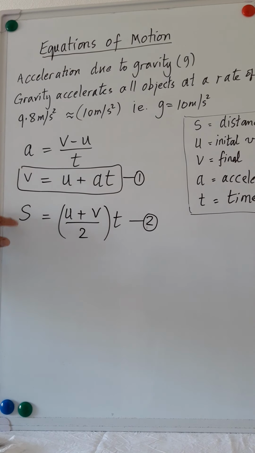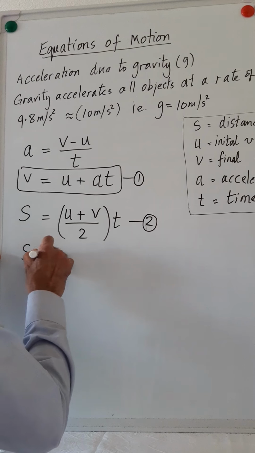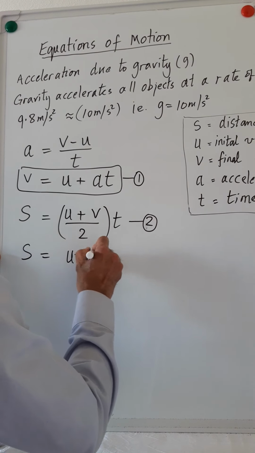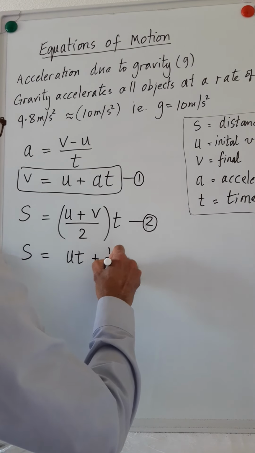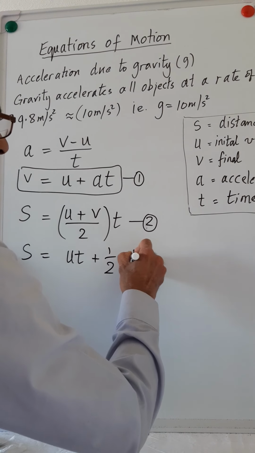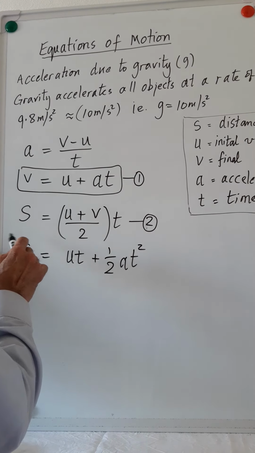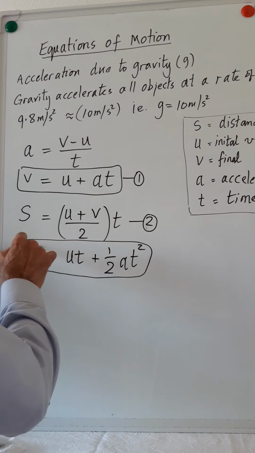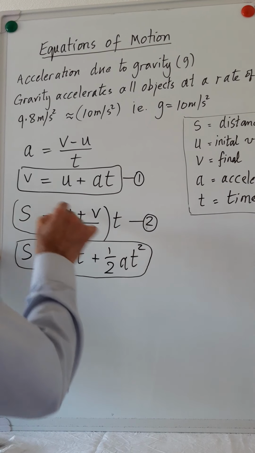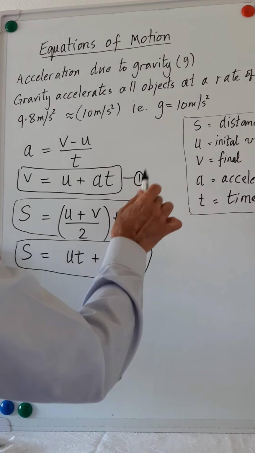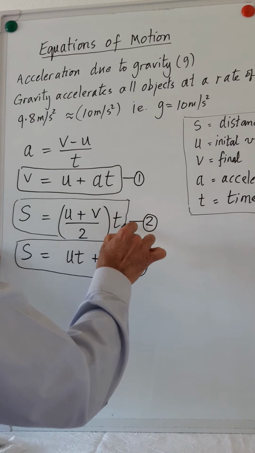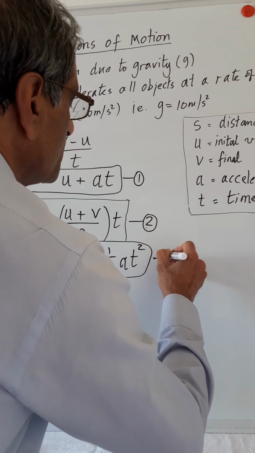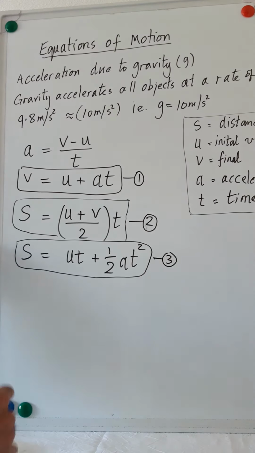We substitute for t, so that gives you s equals ut plus a half at squared. This is the third equation.